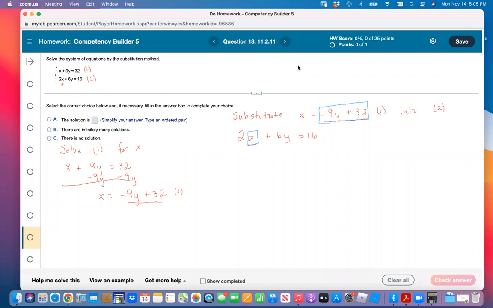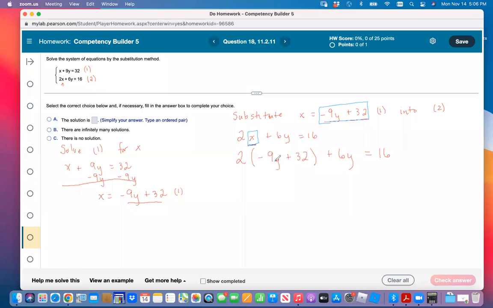So this is going to be 2 times negative 9y plus 32 plus 6y equals 16. So this is where I substituted x equals negative 9y plus 32 into equation 2.